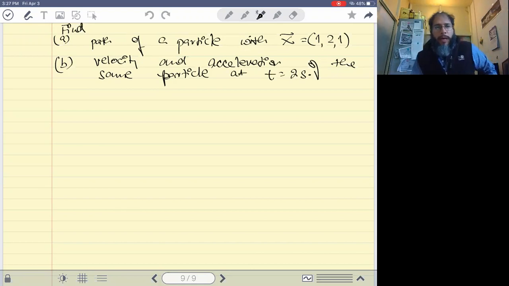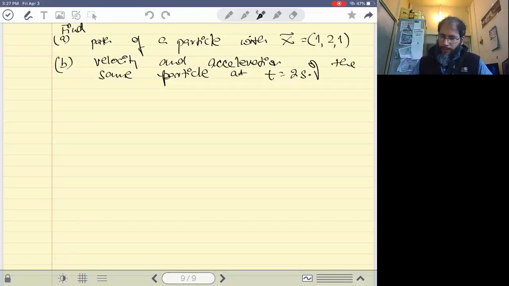Because at different times, as the particle is moving along a path, its velocity and acceleration will keep changing. So you have to find the velocity and acceleration at t equal to 2 seconds. Okay, so let's see how we find the path of the particle.